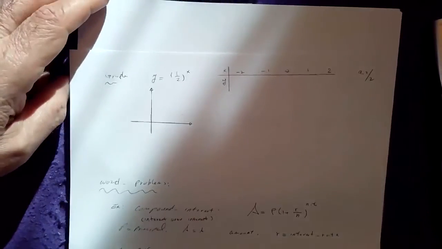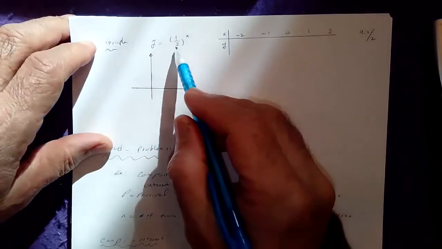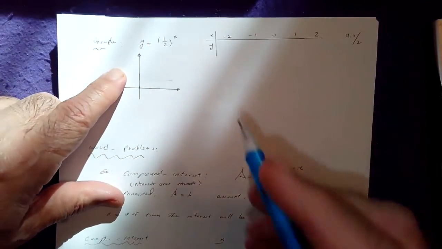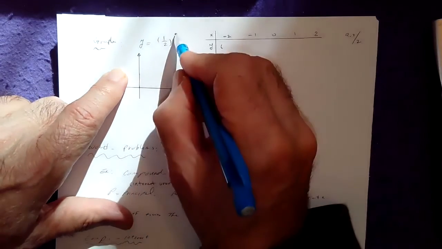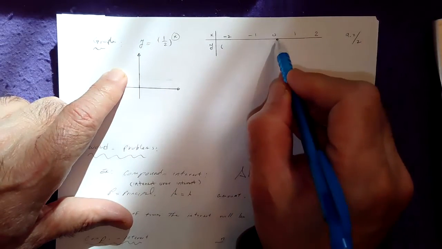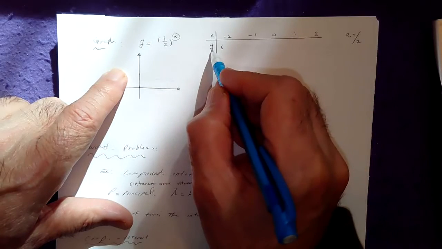Okay, what if now we have something like this? y is equal to 1/2 to the power of x. Well, I got my usual values of x. So I'm going to replace this x with -2, -1, 0, 1, 2, and see what I get for y.